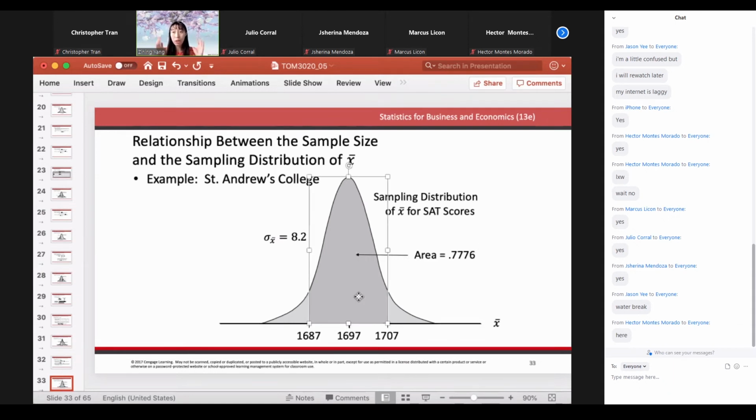So now there is a 78% chance that the sample mean will provide us a close enough estimation to the population mean.